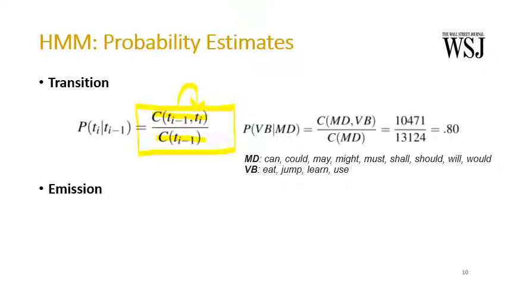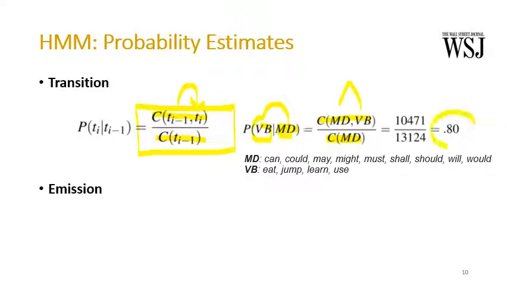So for example, in the Wall Street Journal corpus, consider the probability that a modal will be followed by a verb. First you calculate how many times the modal tag appears, and then you count how many times the modal is followed by the verb.